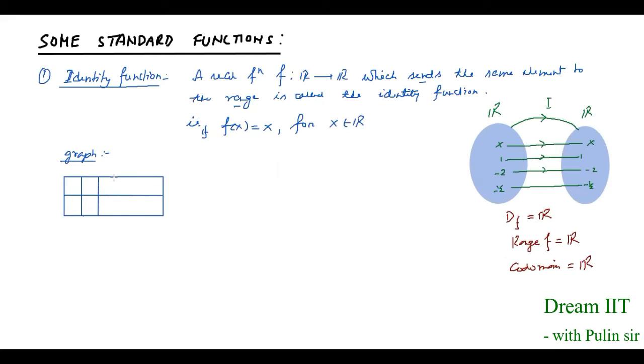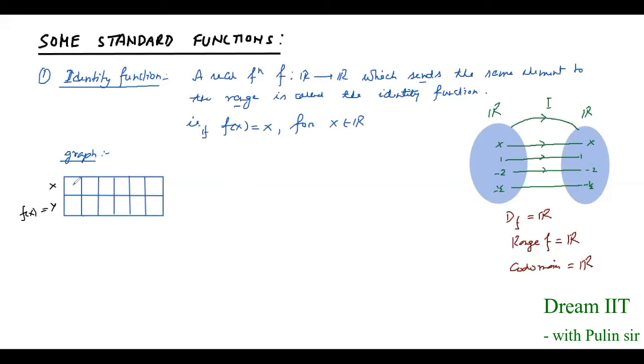We are going to find points by writing some of the elements. For example, this will be the place for x, and this will be the place for y. Y means f(x).